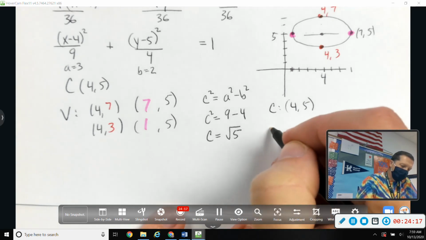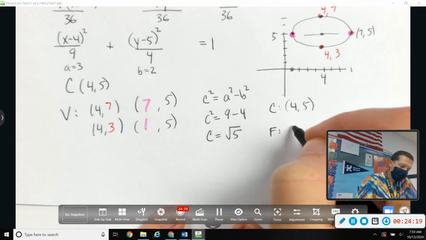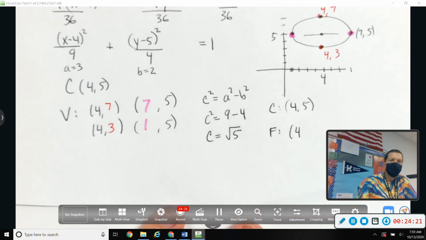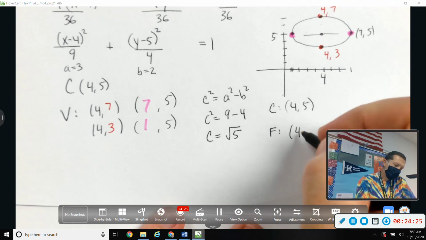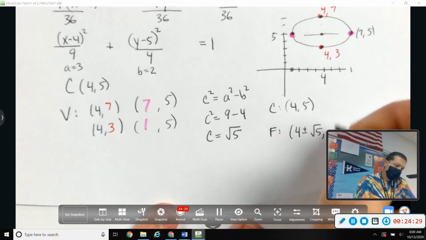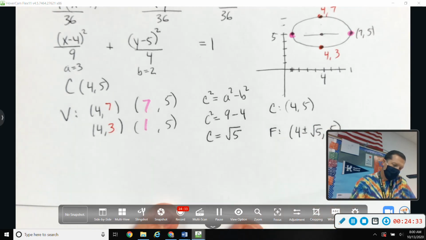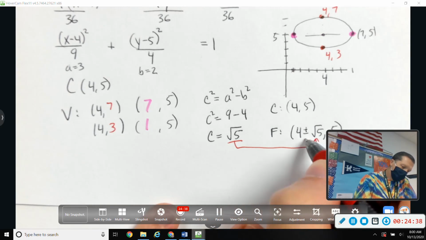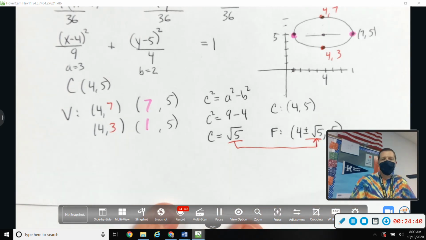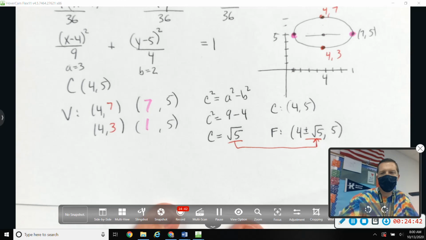What's an easy way to say left and right with one symbol? Plus or minus. So I'm going to start at 4, that's the x-coordinate, because I'm going left to right, plus or minus square root of 5, and the height is still at 5. Now be careful, because obviously, if they were up and down, then you would add the c to the y-coordinate, not the x-coordinate.